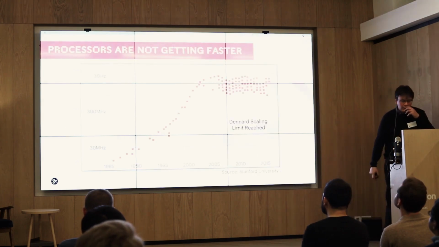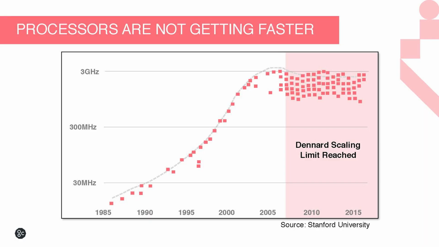So we looked at that. The other thing we looked at was what's happening with processors. We want loads and loads of flops, loads and loads of performance in our chips. But if you look at what happened with chips, they're not getting any faster, right?